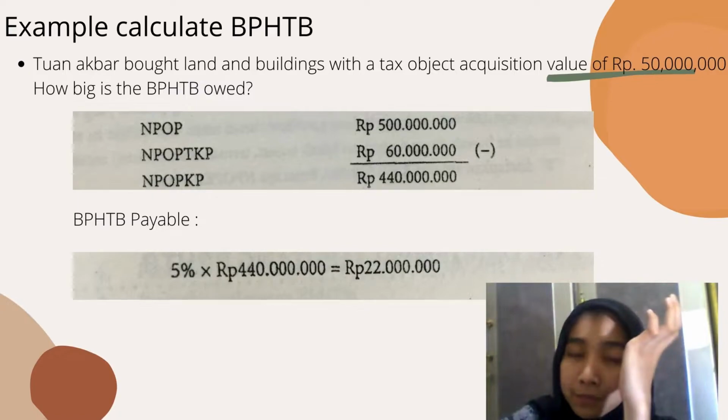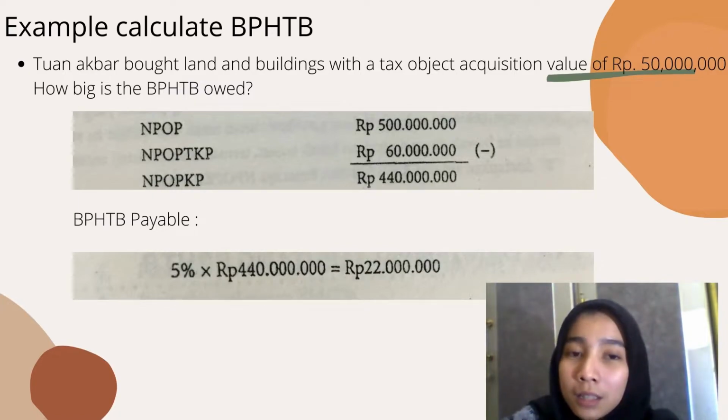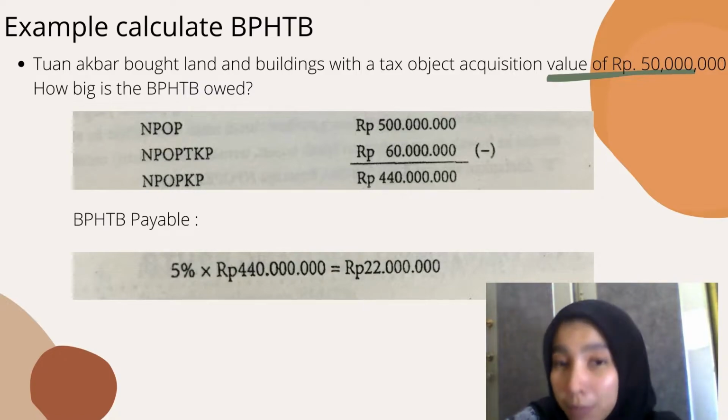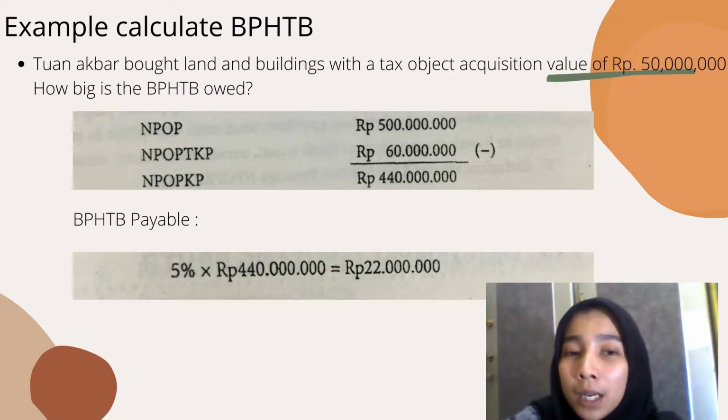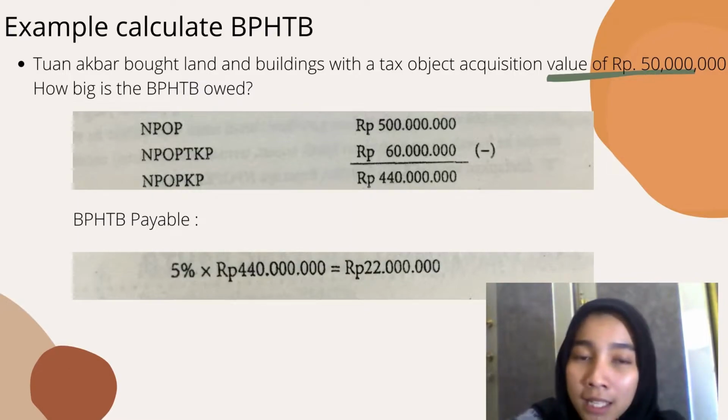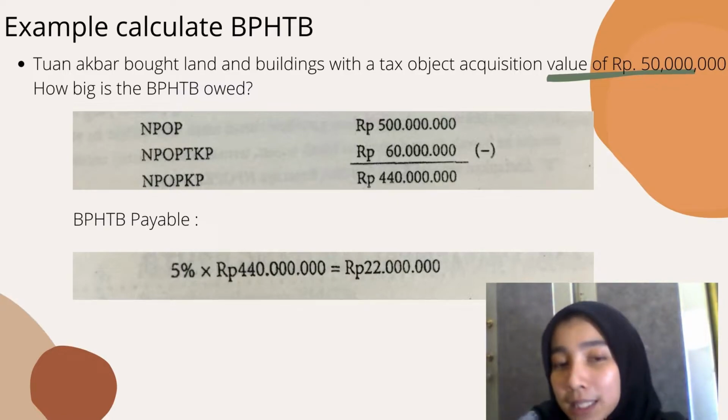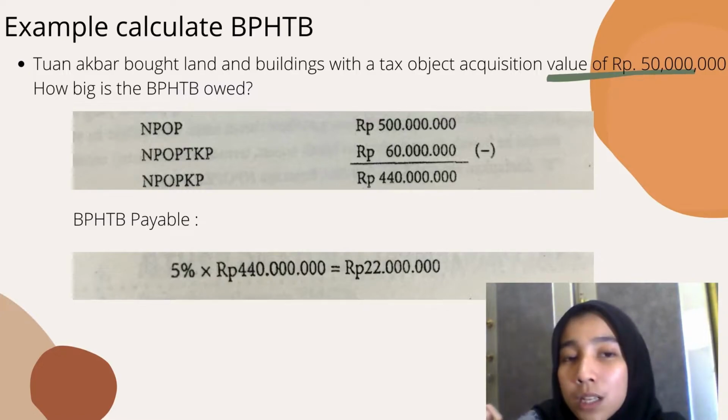Before that, we determine the NPOP value and the NPOPTKP value, and we subtract them, and the result is the NPOPKP. After that, we determine the BPHTB payable: it is 5% times the NPOPKP.